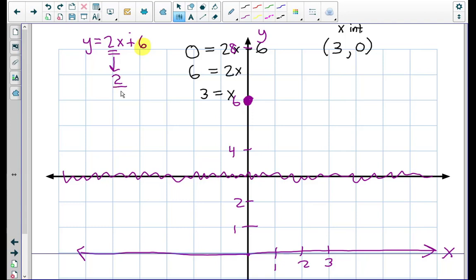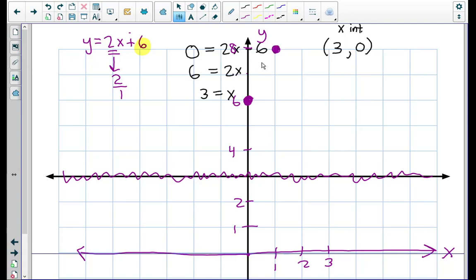You can make any integer a fraction by putting it over 1, because we want to think of rise over run. I talked about this earlier in the video. Rise is how far you go up from your initial point, and run is how far you go across. So we're going to do a rise of 2 and a run of 1. So rise 2 is up 2 over 1.